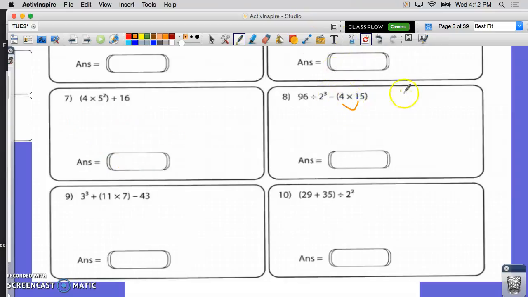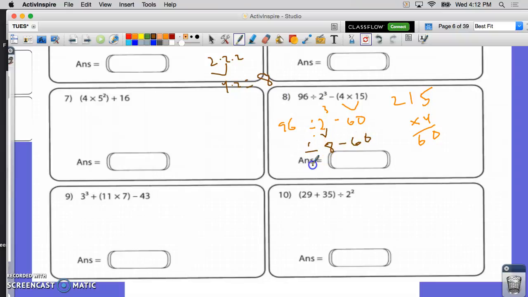Do what's in parentheses first. 15 times 4 is 60 altogether. Bring down everything else. Okie dokie. So after parentheses, remember, you do the exponent. That's 2 times 2 times 2. 2 times 2 is 4. 4 times 2 is 8. So you know that this is going to equal 8. Bring everything else down beside it. Okay. Next is multiply or divide. You see division. 8 will go into 96. How many times?